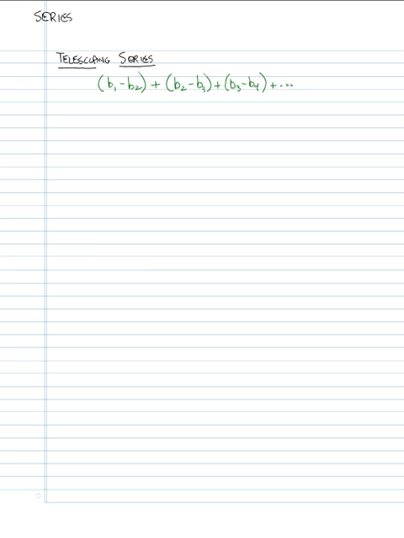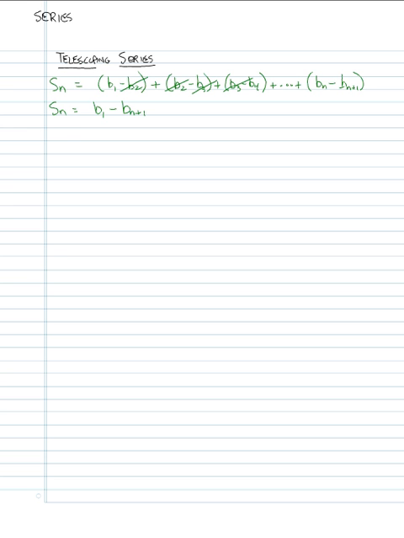If we were looking at the nth partial sum here, then this would go until we had b sub n minus b sub n plus 1. But the point of it is we're collapsing in the middle, and we're left only with b sub 1 minus b sub n plus 1. If we have a telescoping series, that's the way it will look.